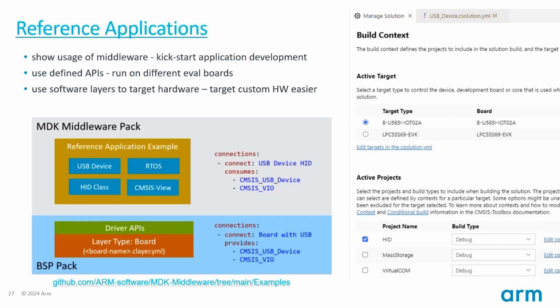And you can then, for example, retarget for different boards. Here it's an ST example and an NXP example. And it's pretty easy to simply switch between the two, because the middleware runs on top of these driver APIs that are available through the CMSIS standard.